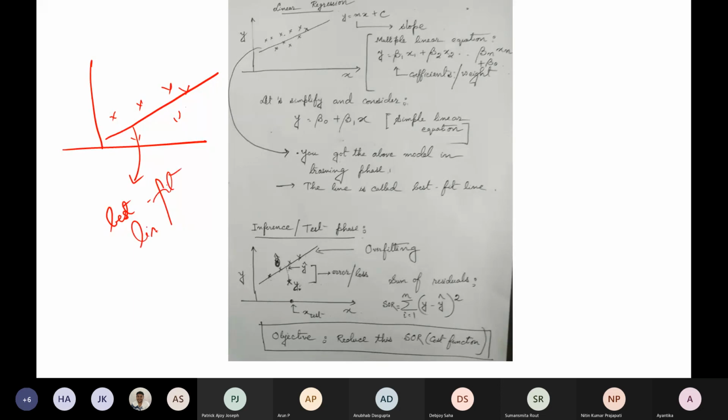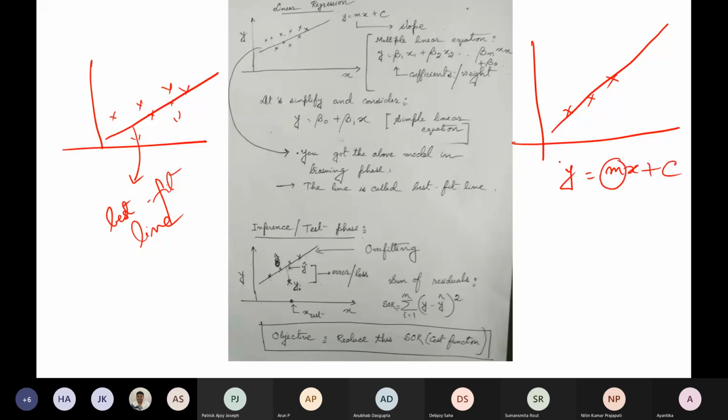The idea is that the difference between the points on this line and our training points is very negligible. Since this is a straight line, the equation is y equals mx plus c, where m is the slope and c is the constant or bias.